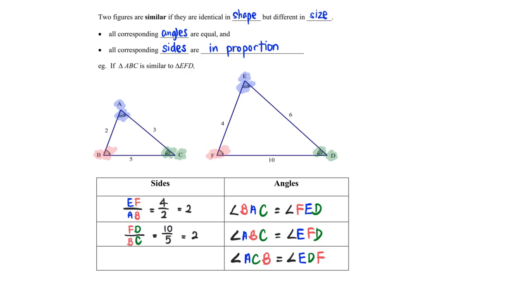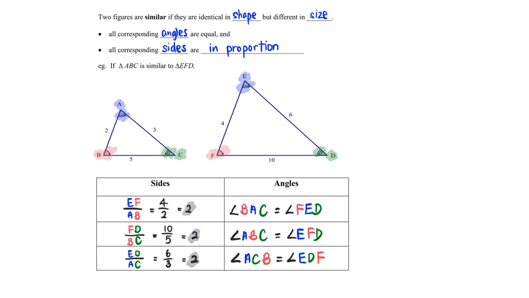And last, if I would have my ED dividing by my AC. Again, notice how Mr. Tan writes the vertices, the points. They must be in order. Then I will have 6 over 3. Again, the proportion is the same. Alright. Then, they are similar to each other.